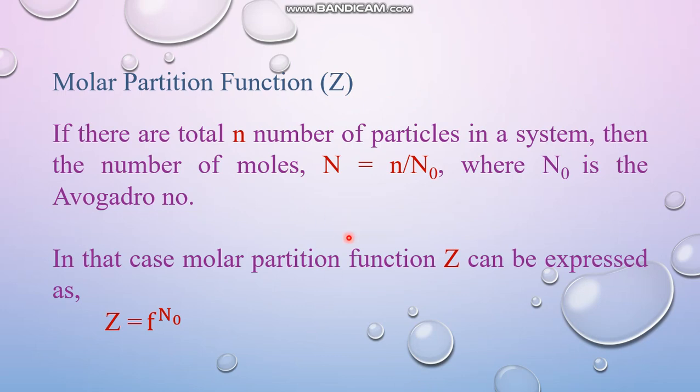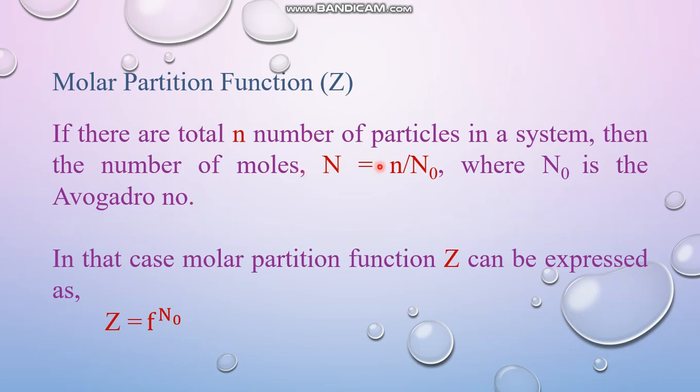If you have 32 grams of oxygen, then the number of moles of oxygen is 1, because the number of particles in 1 mole of oxygen is the Avogadro number. Avogadro by Avogadro is 1, so 1 mole. If you have 64 grams of oxygen, then it is 2 moles. So if you have n number of particles, divide them by the Avogadro number, and you will get the molar expression. That means 1 gram mole, 2 gram mole.